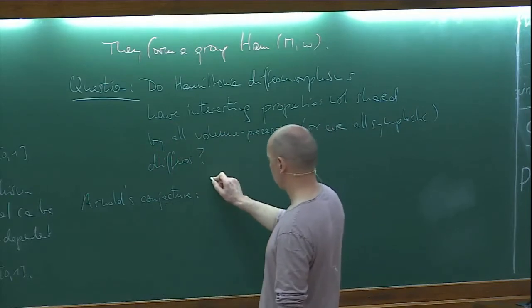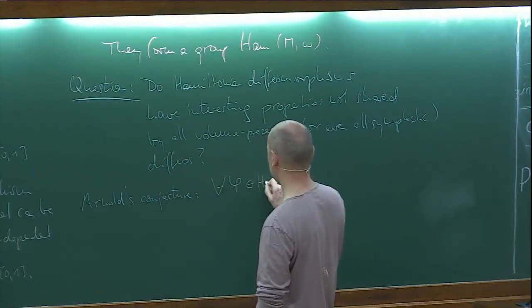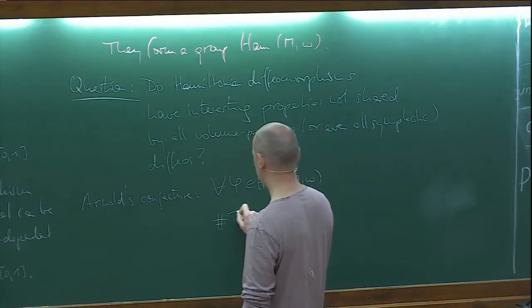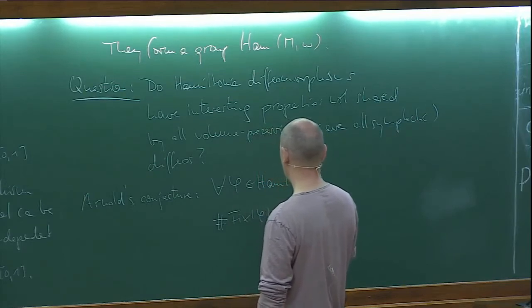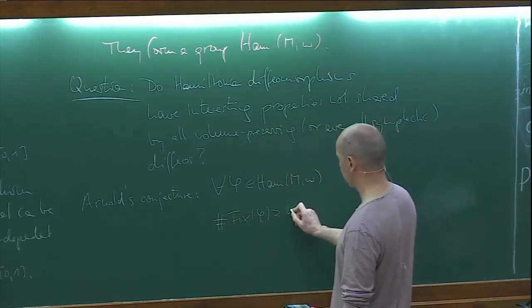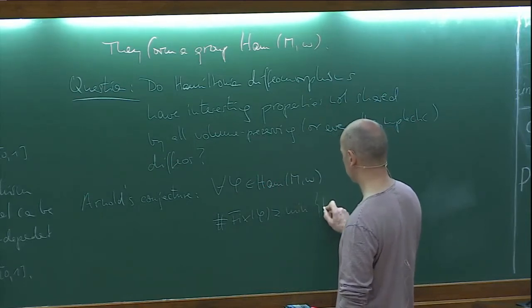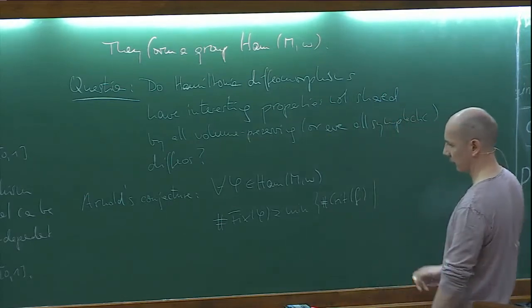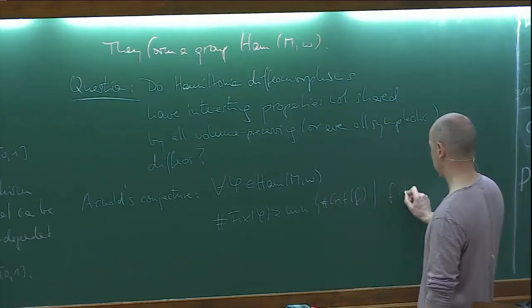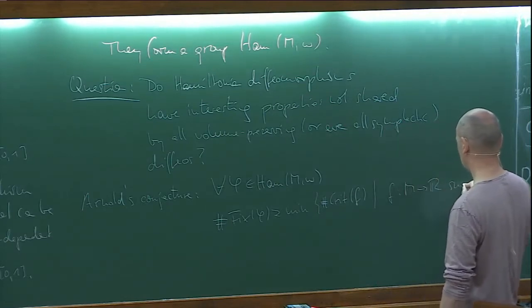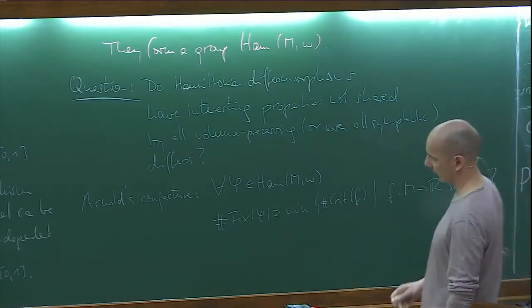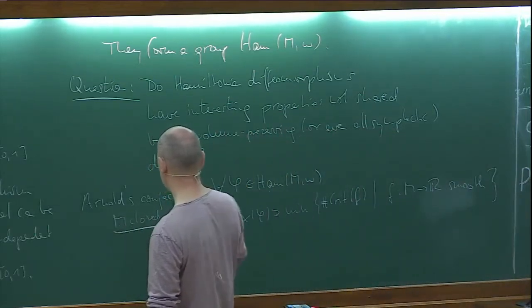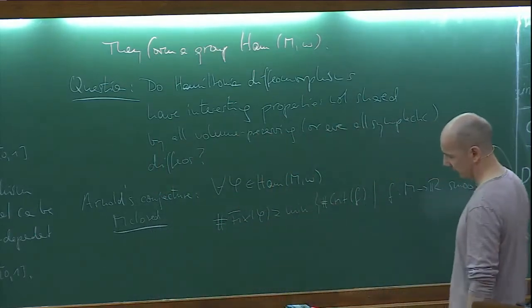It says that for all Hamiltonian diffeomorphisms, the number of fixed points of phi should be at least the minimal number of critical points of a smooth function on M. And I should say, for M closed, to be on the safe side, otherwise I'd have to modify this.